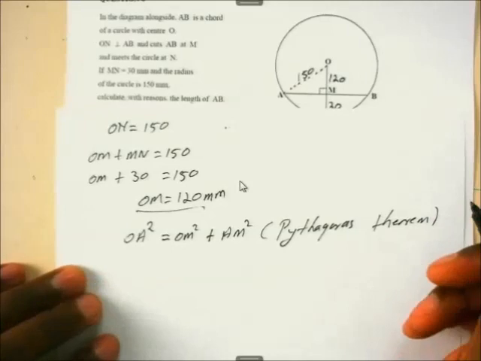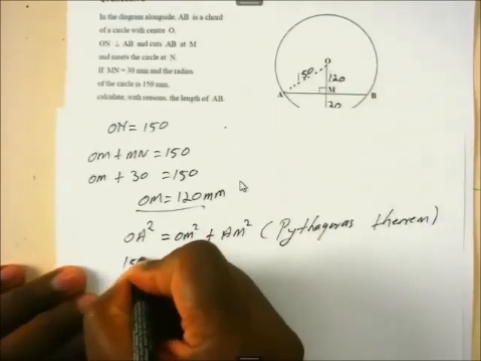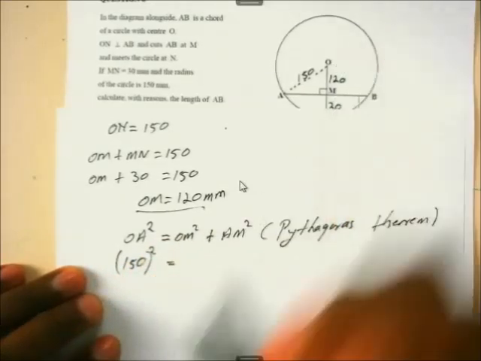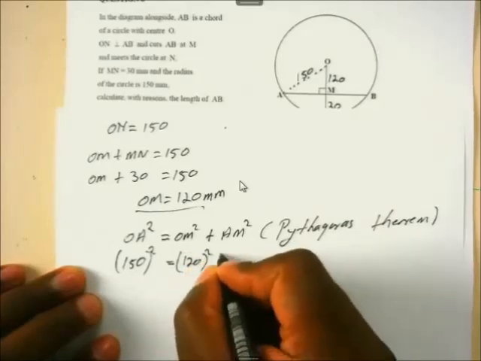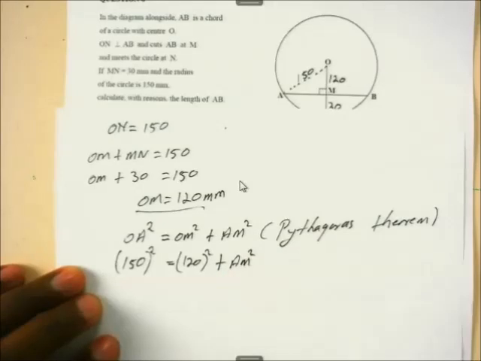Let's substitute. OA is 150, you square it. OM is 120, you square it. AM is our unknown.